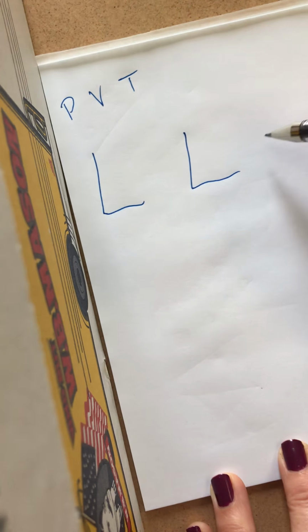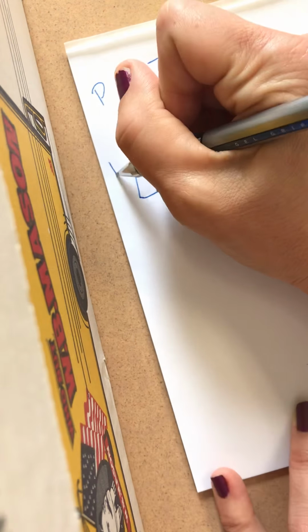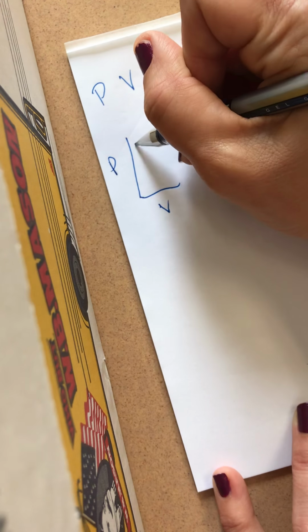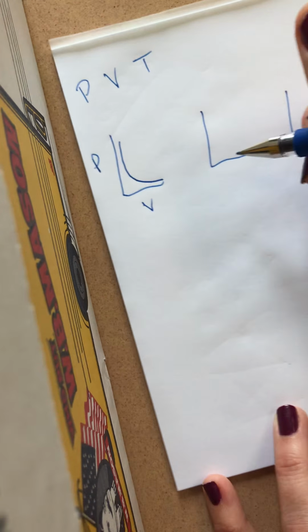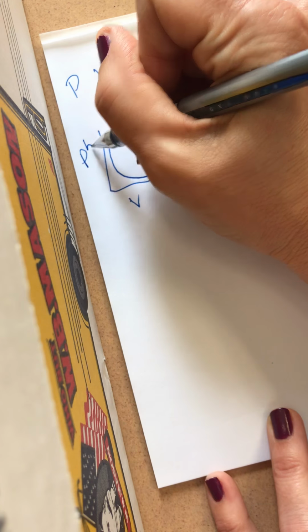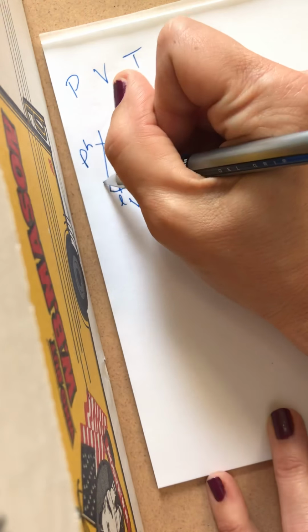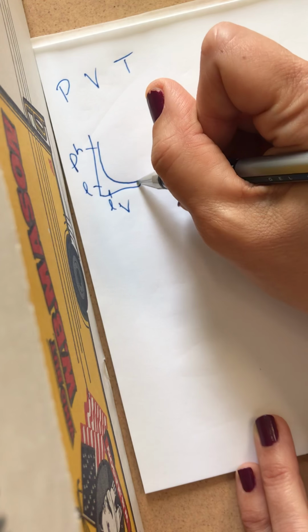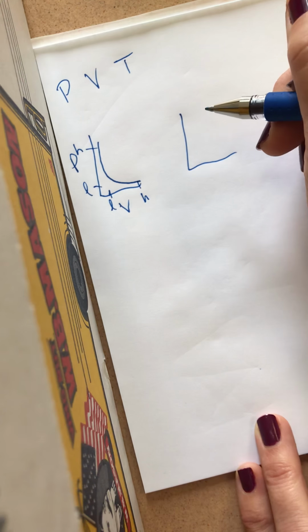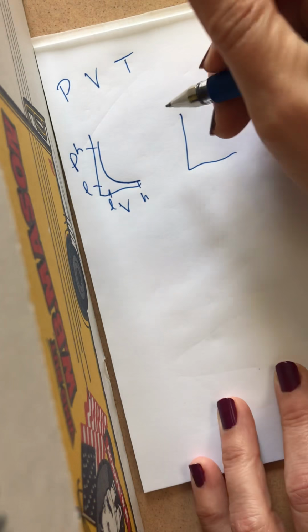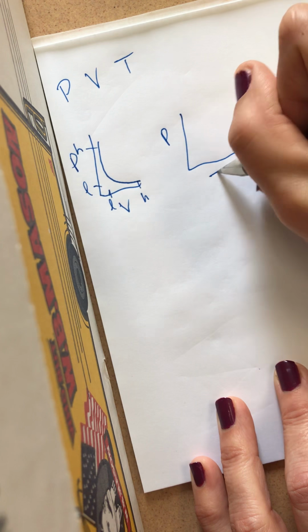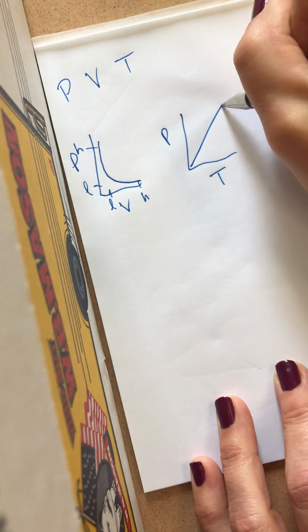So all three of these have an effect on each other. You could do a graph for each one. So pressure and volume have a graph like this, which means that if I'm at high pressure, I'm occupying a very low volume. And if instead I have low pressure, I would occupy a very high volume. I'd be able to spread out. If I compared pressure and temperature, that's directly proportional.